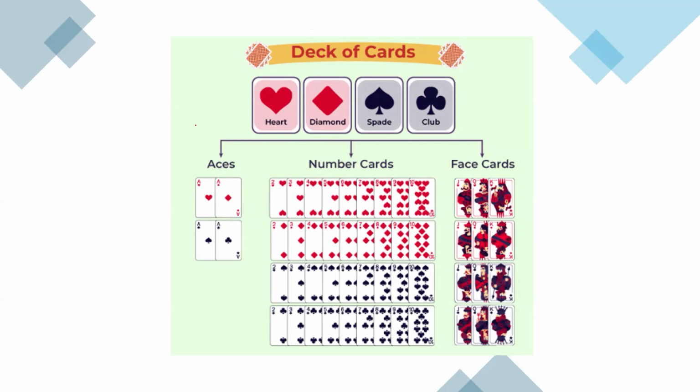You have cards of four types: heart, diamond, spade, and club, right? And here, if you count, you can see that you have a total of 1, 2, 3, 4, 5, 6, 7, 8, 9, 10, 11, 12, 13, 14, 15, 16, 17, 18, 19, 20. So you have 20 red cards and you have 20 black cards.